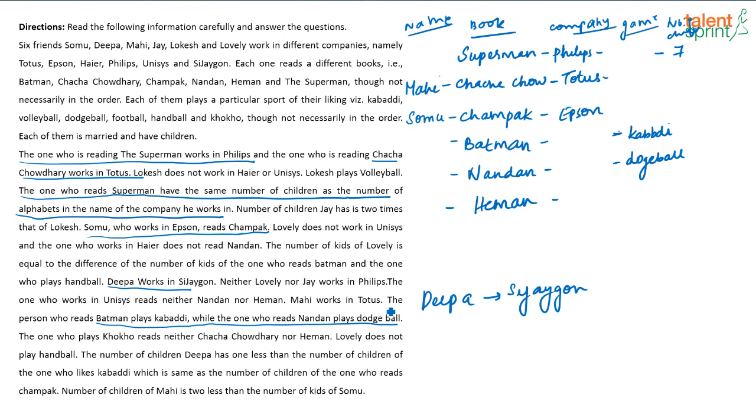So the person who reads Batman plays kabaddi, while the one who reads Nandan plays dodgeball. The one who plays Coco neither reads Chacha Chowdhury nor He-Man. So Coco can't be here or here.